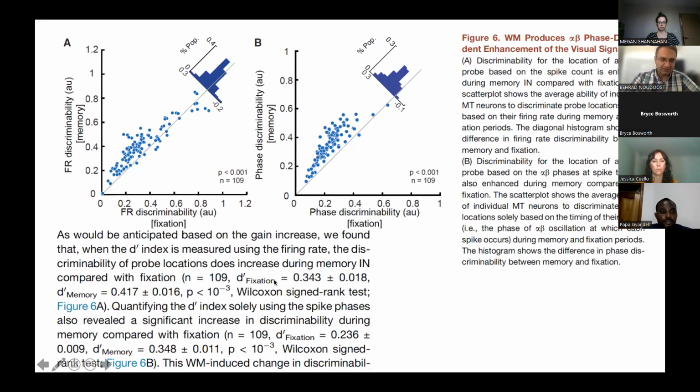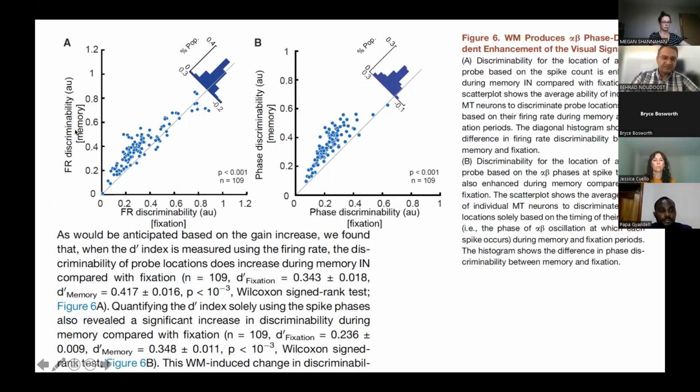It's actually the standard error. And I don't want to go through the statistics part of it for now, but this is how you describe data: you say, here's the mean and the standard error of the data for fixation, and then for memory, it was 0.417 plus or minus the standard error.